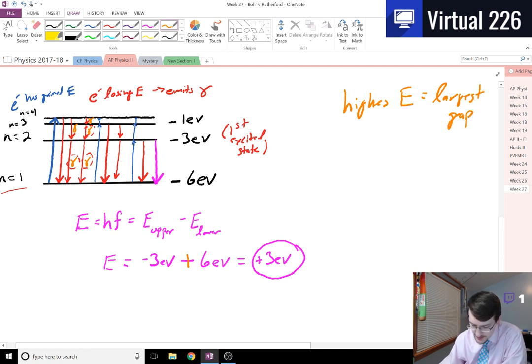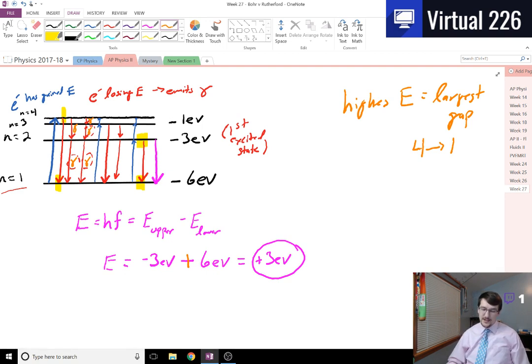And if we look at this coming down, it looks initially like the largest gap might be from 2 to 1. But that's not a correct answer. Our largest gap is actually all the way up at n equals 4 down to n equals 1. So our largest gap size here is from 4 to 1. We can jump through the other energy levels, emitting that photon. So that's our highest energy.